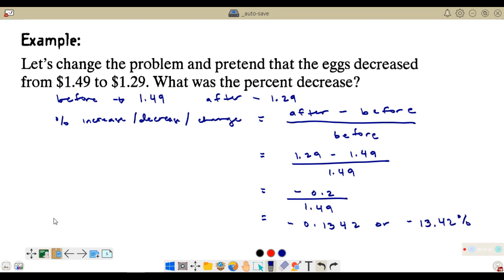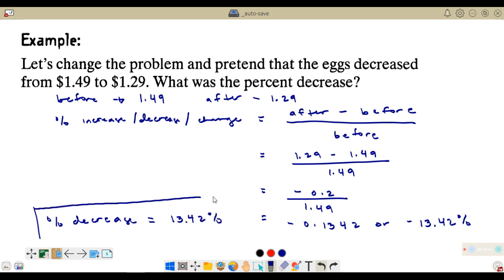Now, what is the percent decrease? For the percent decrease, we won't include the negative sign since we know that it decreased. So, we simply write 13.42%. It's the absolute value.